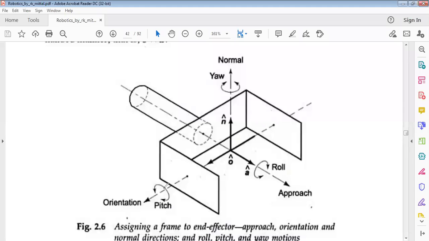When it rotates about the y-axis or orientation vector, that motion is pitch. And about the x-axis or normal vector, that motion is yaw, which are similar to wrist motions.